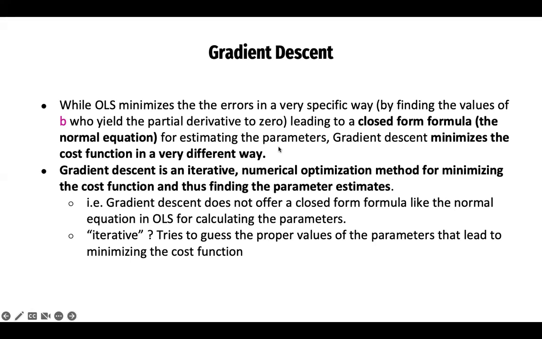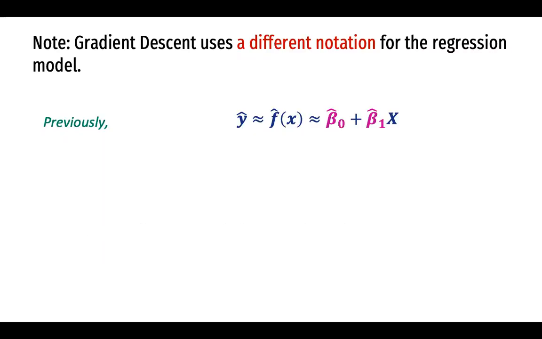As you have already seen, gradient descent is an iterative numerical optimization method for minimizing the cost function and thus finding the parameter estimates. It does not offer a closed form formula like the one in OLS, and it is iterative as it tries to guess the proper values of the parameters that lead to minimizing the cost function.